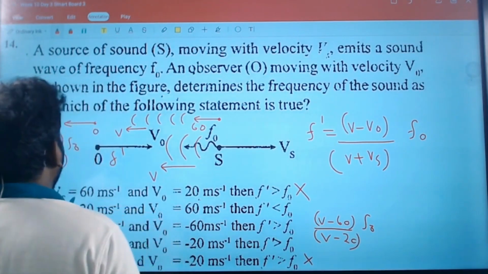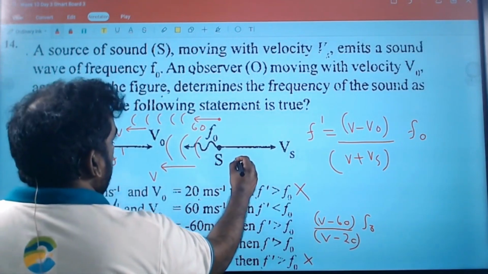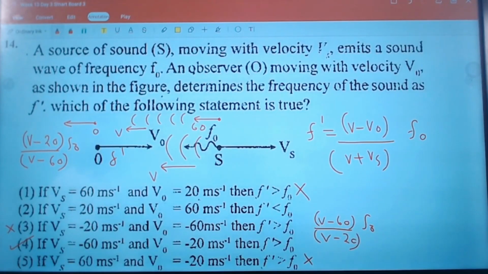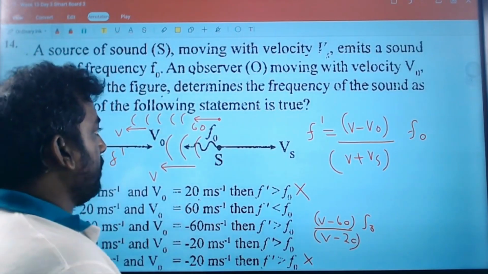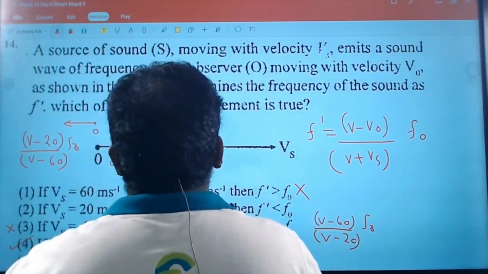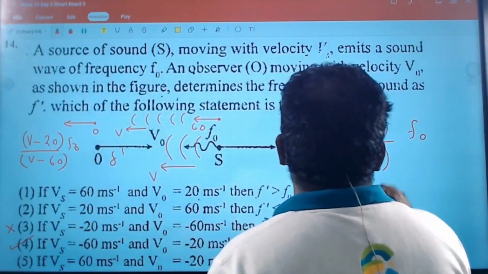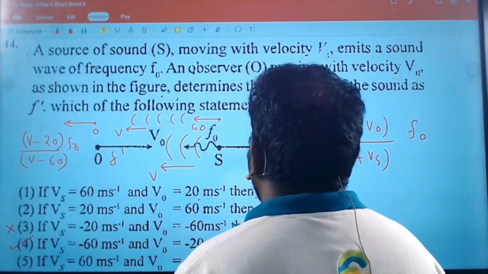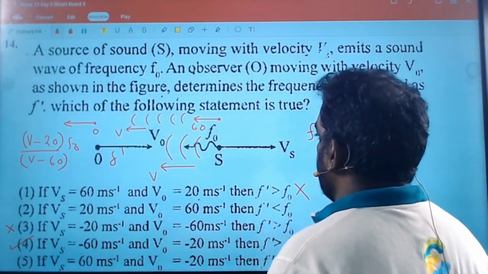So addition, velocity of sound with respect to observer, velocity of sound with respect to source. Think carefully.